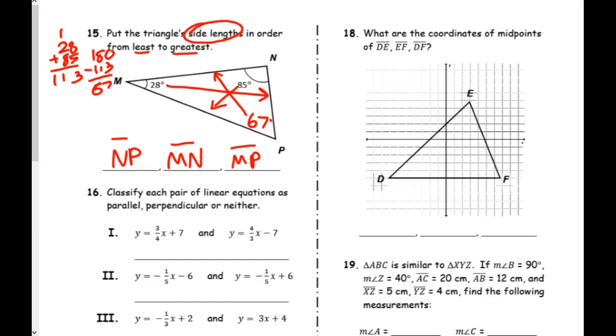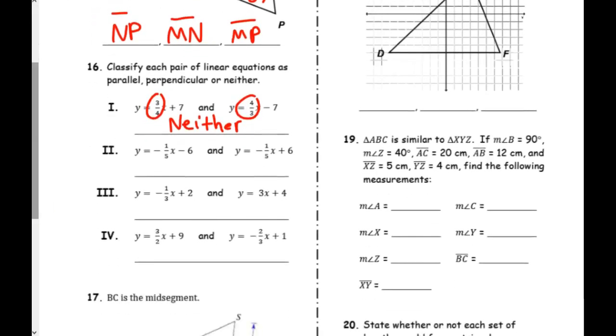Okay? We need to classify these as parallel, perpendicular, or neither. 3 over 4, 4 over 3. Those are not perpendicular. They're both positive. Okay? This is neither. They're going to intersect and not make a right angle. In Roman numeral 2, negative 1 over 5, negative 1 over 5, that is parallel.